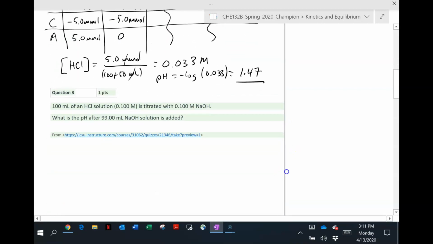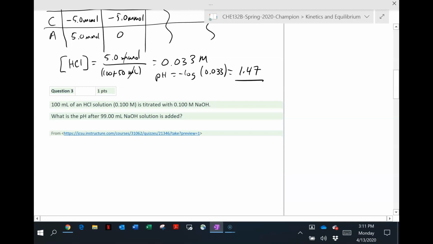Moving on to the next question, now we're going to take it right up close to the equivalence point. We've got 100 milliliters of HCl, and it's being titrated with 99 milliliters of NaOH. So again, I'll write my reaction equation. I will make a BCA chart here.